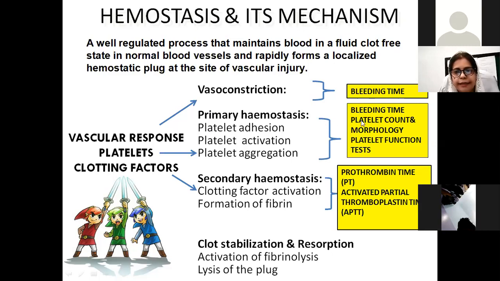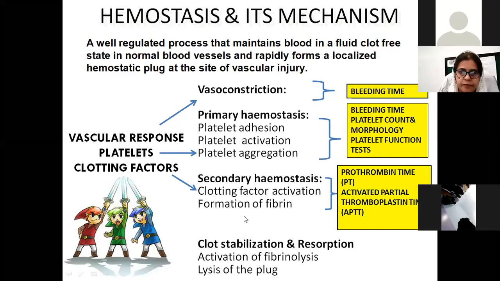We can conduct a platelet count to determine whether there is thrombocytopenia, to look at the morphology, and if the counts are normal, then their qualitative function is assessed through bleeding time and more accurately through platelet function tests.